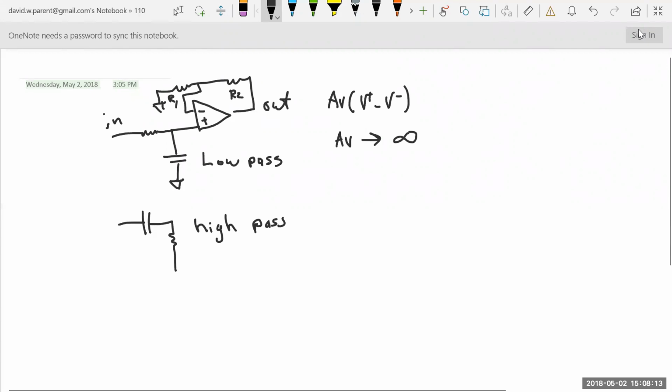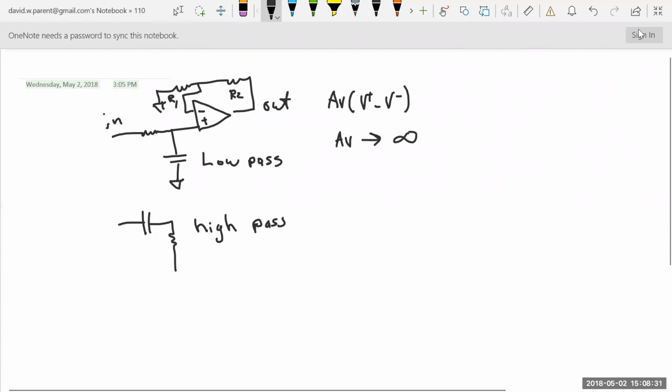So for some of the questions I'm going to go over today, this is the assumption, right? That I'm going to design a low pass filter with a certain gain. I'm going to design a high pass filter with a certain gain, right?